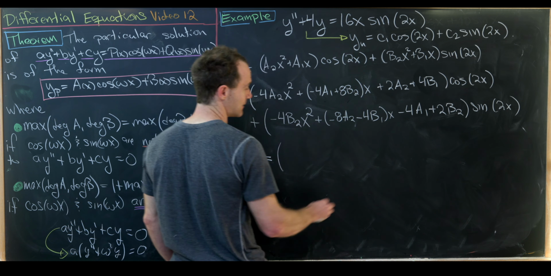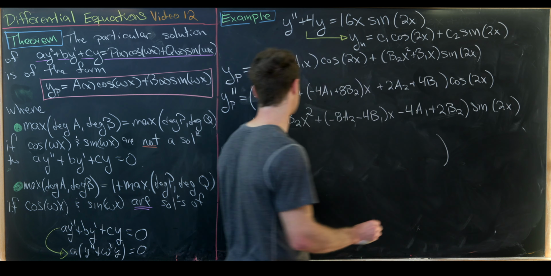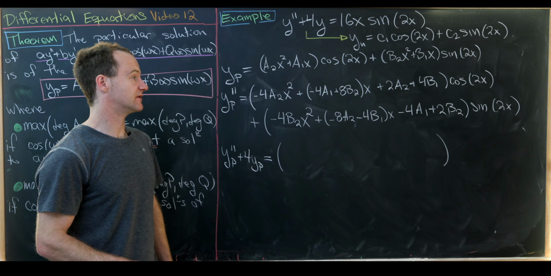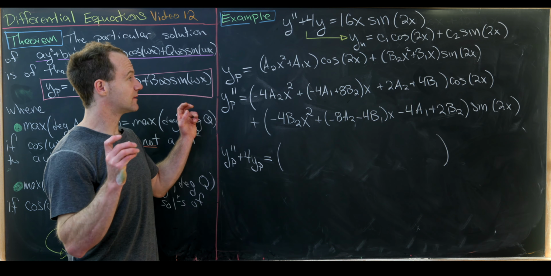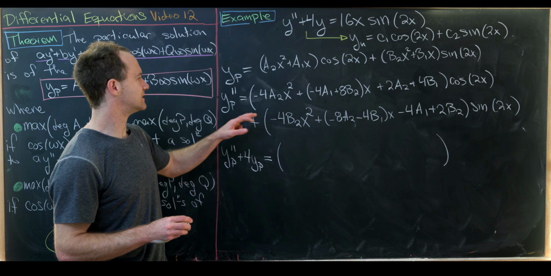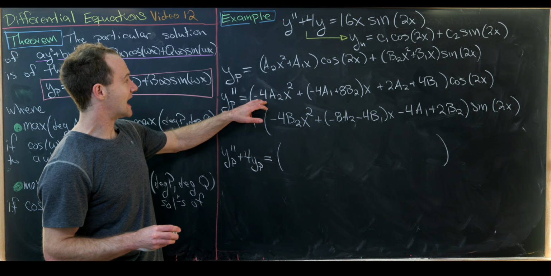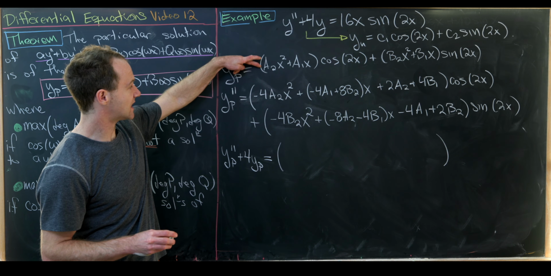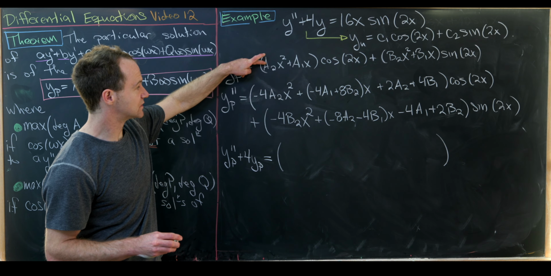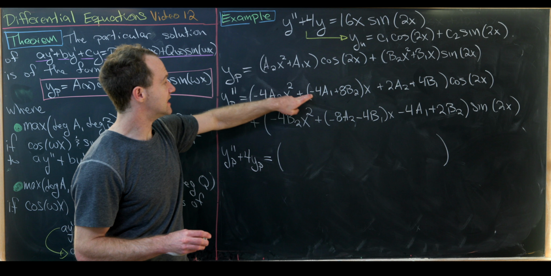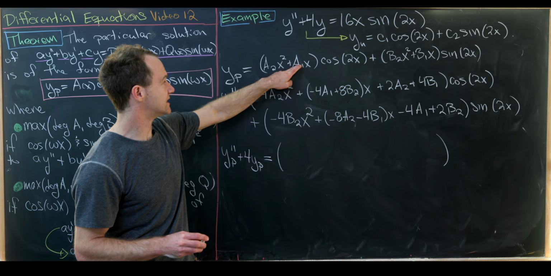So we're going to have something in front of cosine 2x and then something in front of sine 2x as well. So notice the something in front of cosine 2x can be gotten from adding this to 4 times this. So notice the x squared terms will cancel, and then the a1 terms will cancel as well.